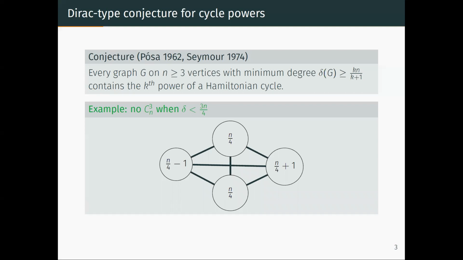To see how this is the best possible minimum degree that you can hope for, throughout this talk I often use examples when k equals 3, for the sake of concreteness. Here we have k equals 3, and if we consider a complete 4-partite graph which is almost balanced, just slightly imbalanced, then to find the cube of any path or cycle, it will have to go around all 4 vertex classes, because every 4 consecutive vertices will form a clique.